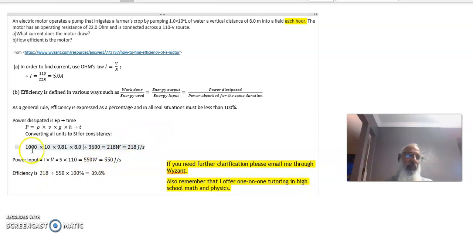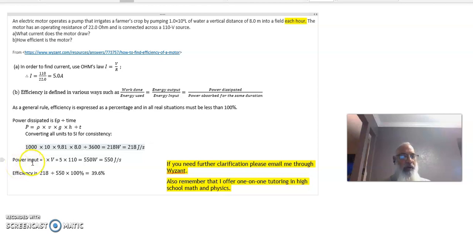So that is the power output, because that is the work being done on the water. It's being shot up 8 meters, and the mass of the water being shot up every hour is 10,000 kilograms.